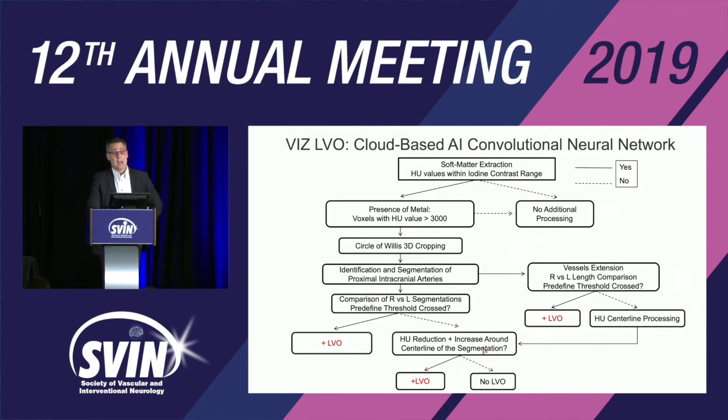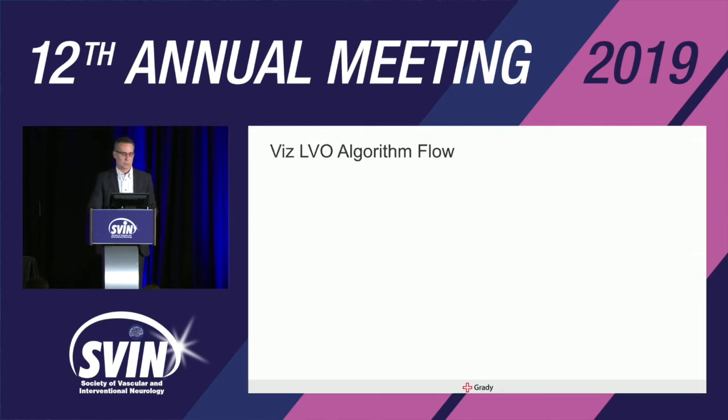If none of this happens, it looks at the central line for Hounsfield units drop, and then it will trigger the message if that happens. And that's how the systems can actually identify partial occlusions, intracranial atherosclerotic disease, even moya-moya cases. We typically see those cases.